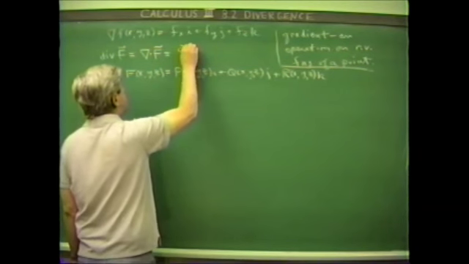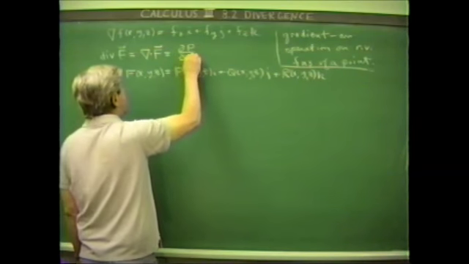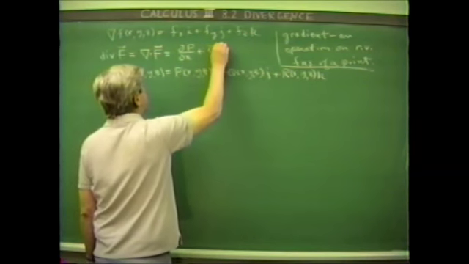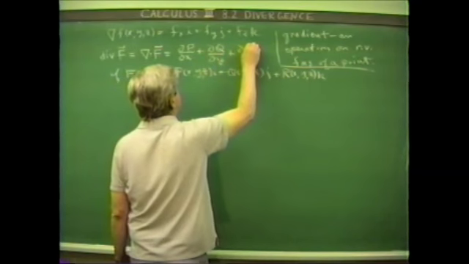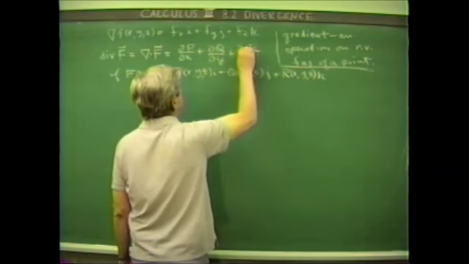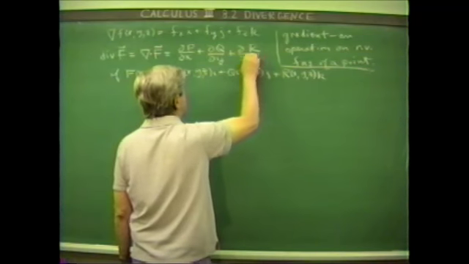It's going to be the partial of p with respect to x plus the partial of q with respect to y plus the partial of r with respect to z.